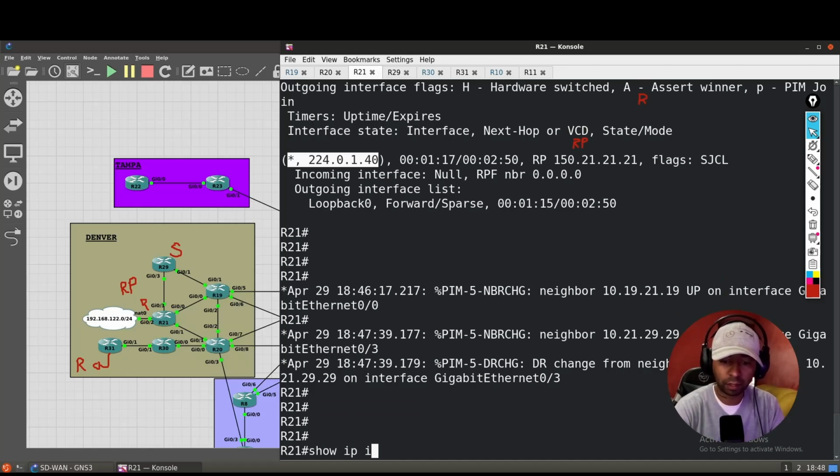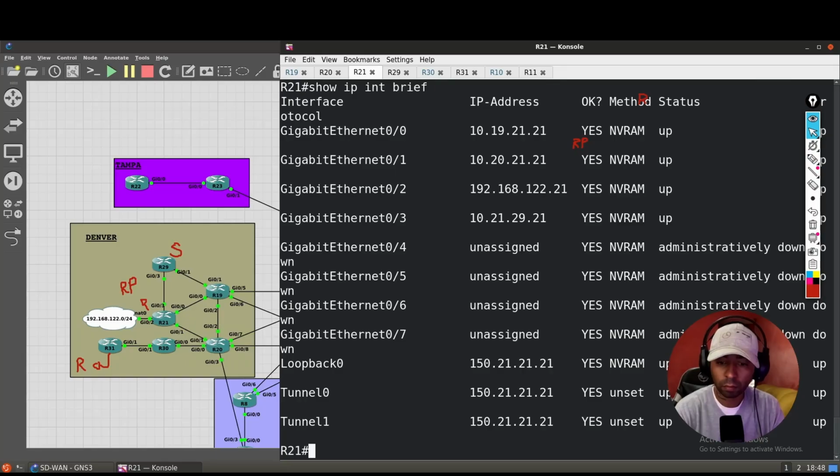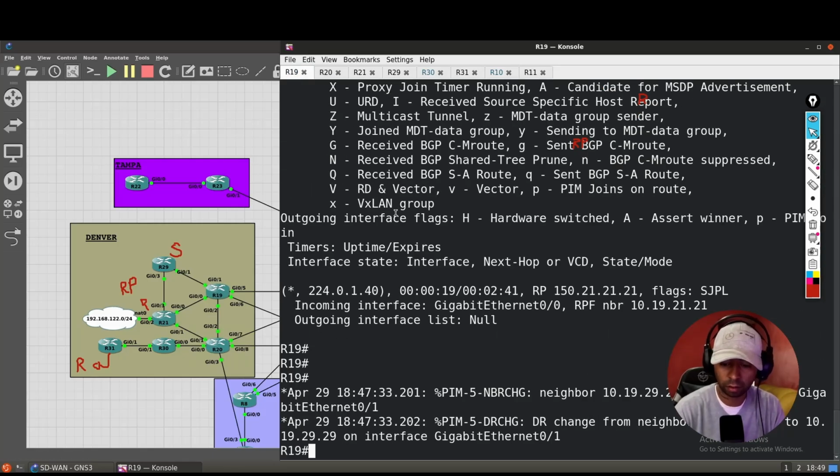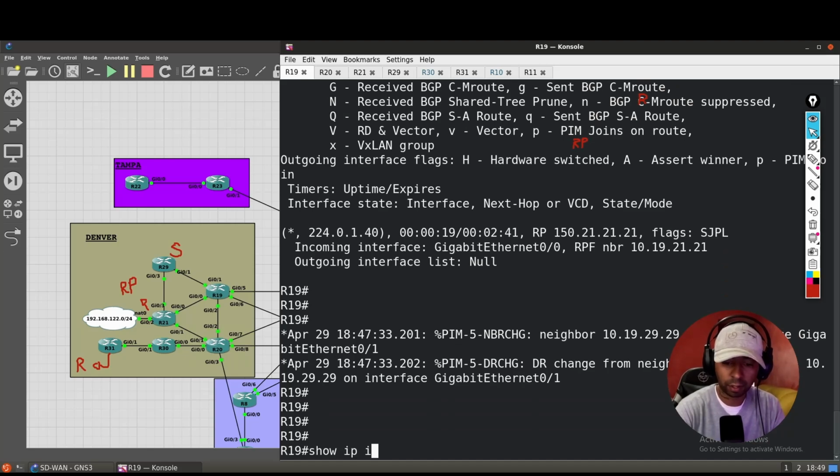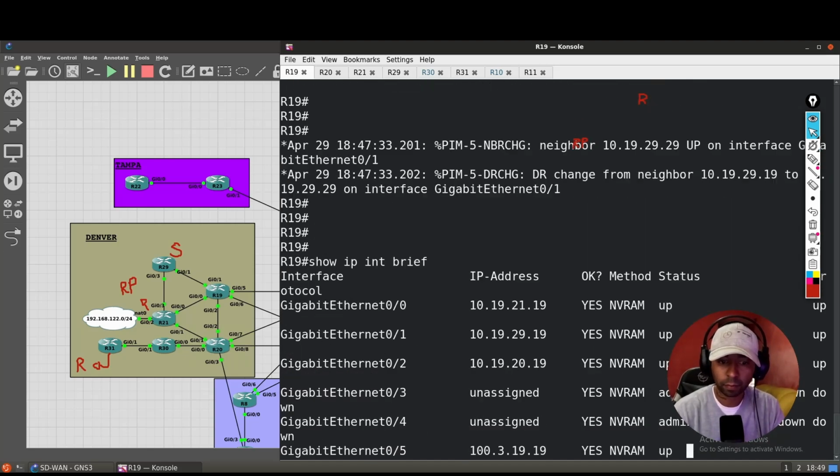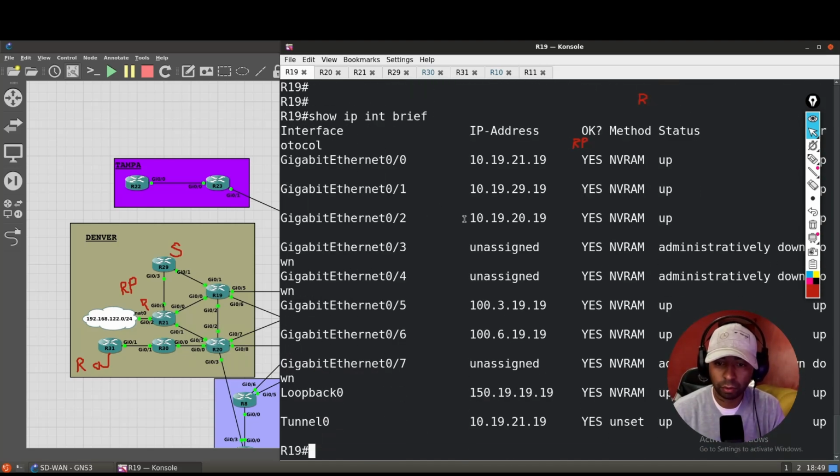Show IP interface brief. I will copy here. No, 19. Go back on the 19. Show IP interface brief. On the gigabit 02, I will copy this.